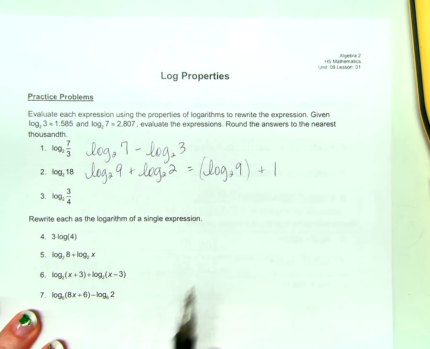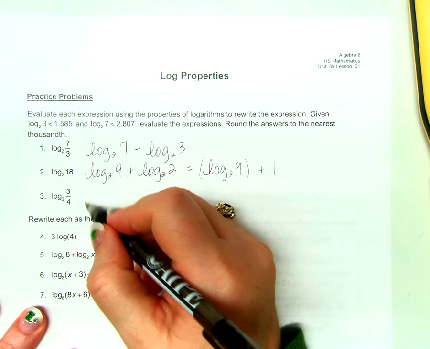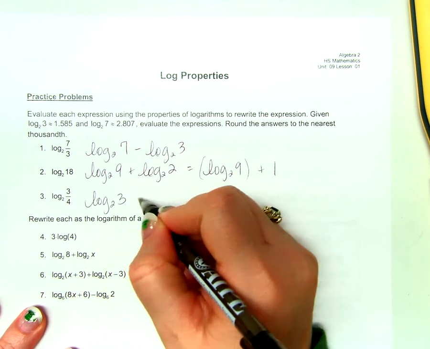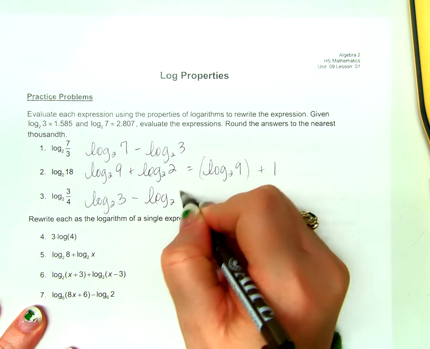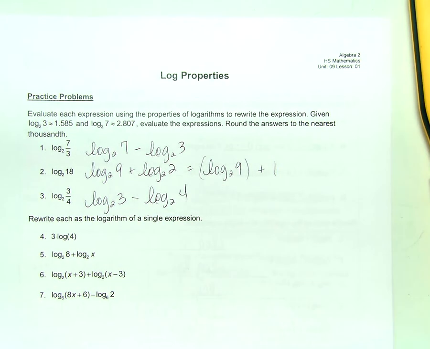So what about number 3? Log base 2 of 3 minus log base 2 of 4. Done. So what about 4?